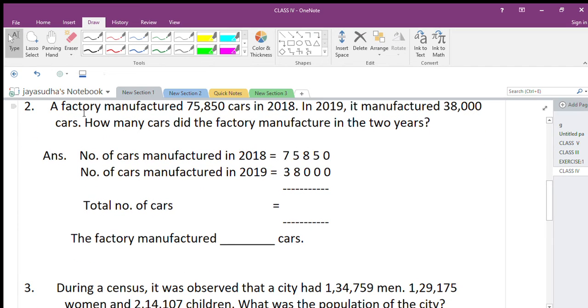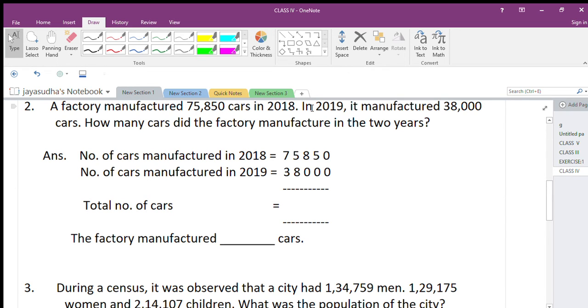Read the second sum question. A factory manufactured 75,850 cars. What did the factory manufacture? Cars. How many cars manufactured? 75,850 cars. In which year? 2018. In the year 2018, a factory manufactured cars. How many cars were manufactured? 75,850.